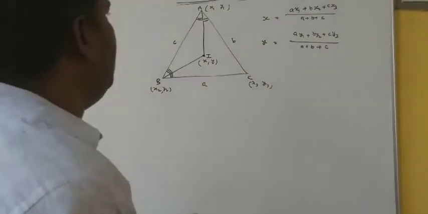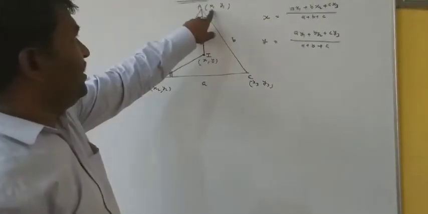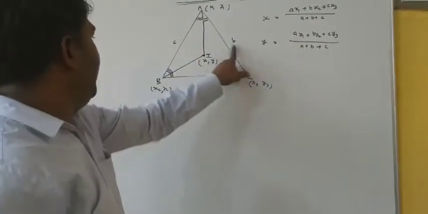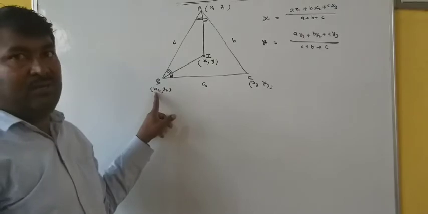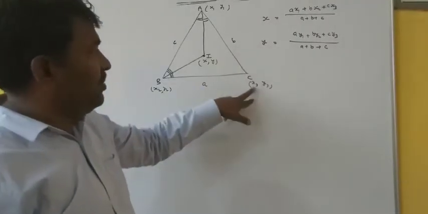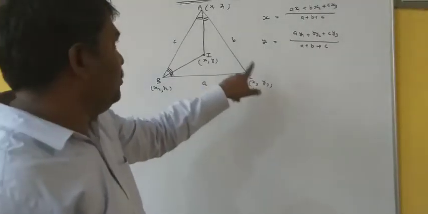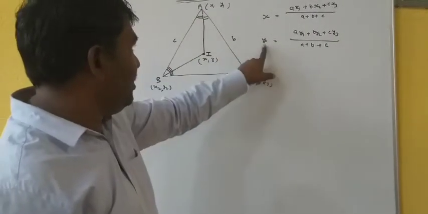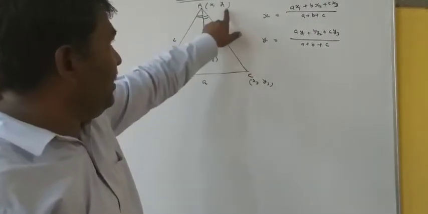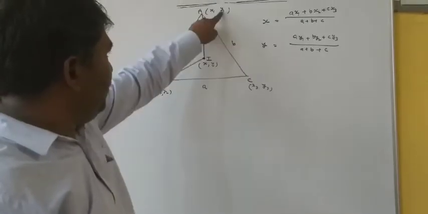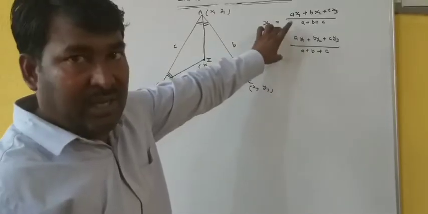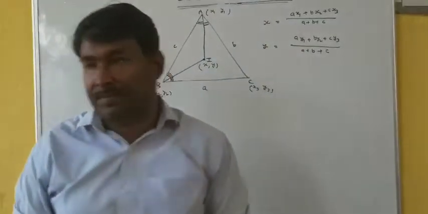See how a will multiply with this x coordinate if you are going to find the x value, b will multiply with the next vertex, and c will multiply with this vertex. So ax1, bx2, cx3. Similarly for y, we multiply with the y coordinates: ay1, by2, cy3.